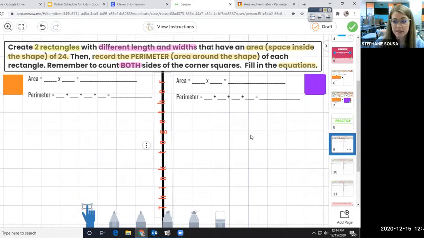Questions about this expectation before I send you into your breakout rooms? Okay. I am going to be hopping in and out of breakout rooms to listen to your progress and to see if you are in fact thinking together.